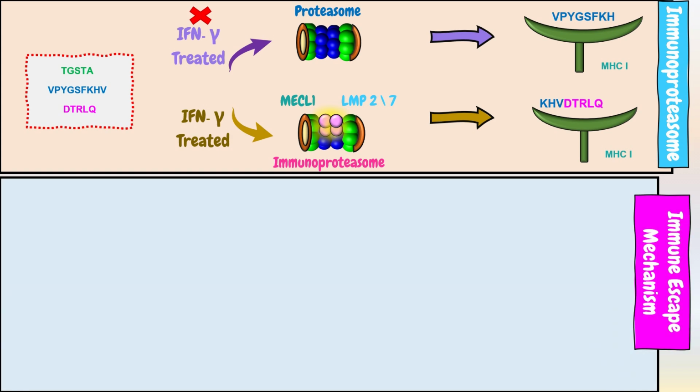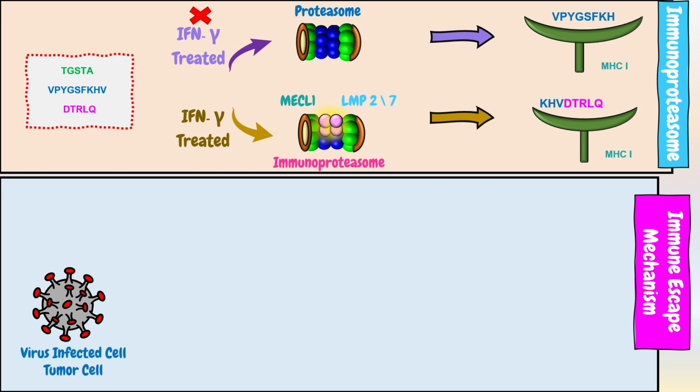T cell recognition can be prevented by immune escape mechanisms. As we have studied, after a virus enters the cell, as in a virus-infected or tumor cell, the antigen is tagged by ubiquitin. It then passes the proteasome, is converted to peptides, and enters the endoplasmic reticulum through TAP.